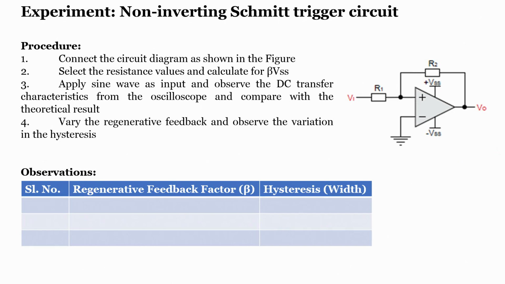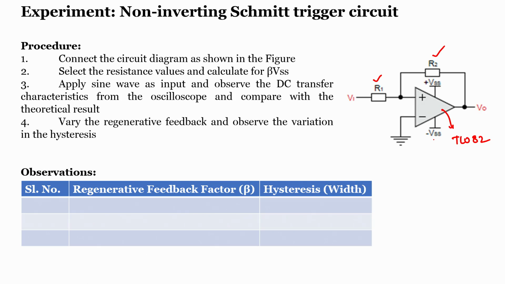Now, when we look into the experiment, we will choose different resistance values. We will take TL082 in the experiment. It is a dual op amp that we have already seen in the last session too, and we will consider different R1, R2 and connect accordingly.